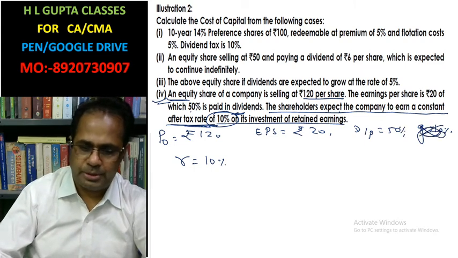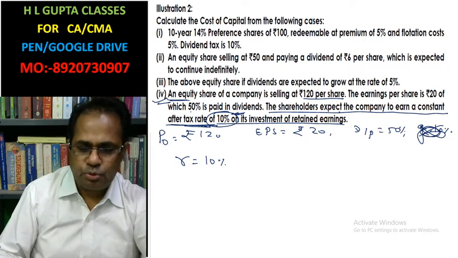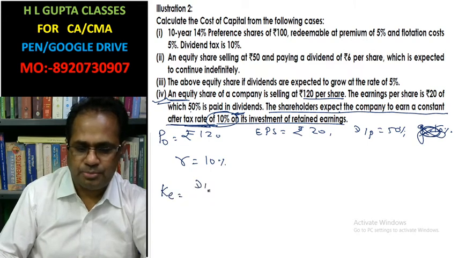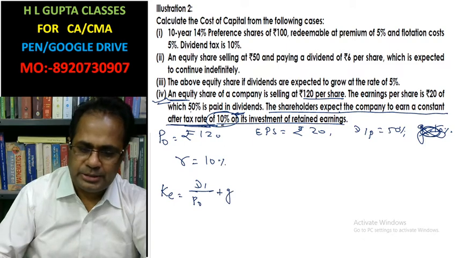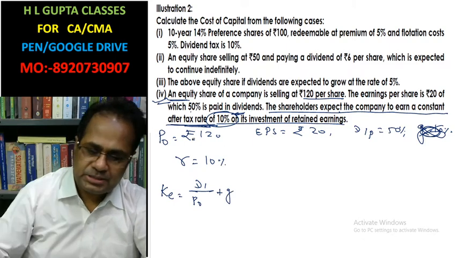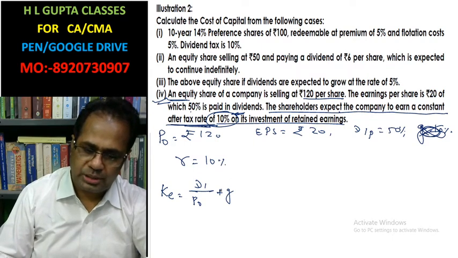Growth rate is not given. In this case, we have to calculate the cost of equity by the formula D1 divided by P0, plus g. The rate of return on investment is 10%. Now we don't have the growth rate and we don't have D1.